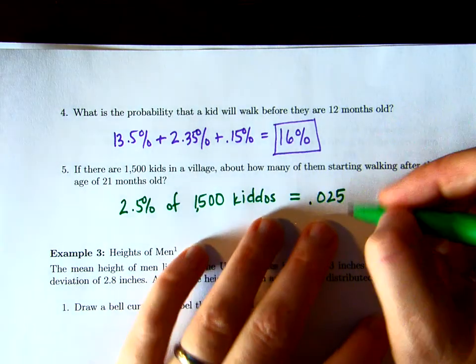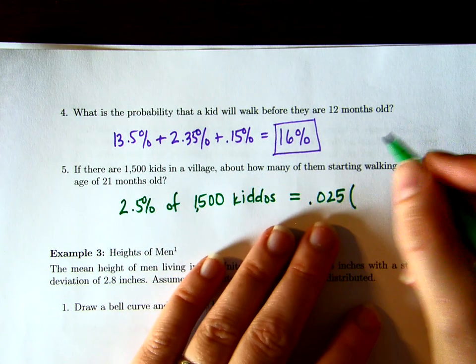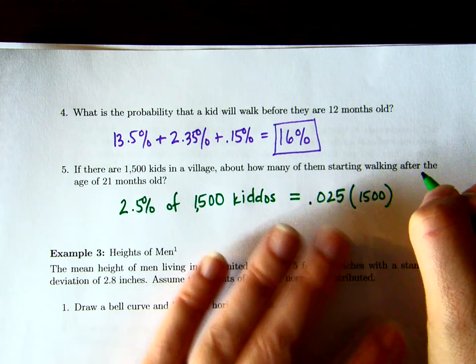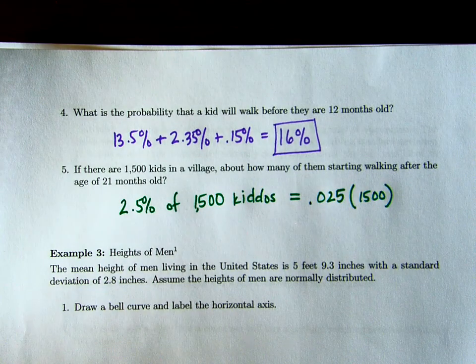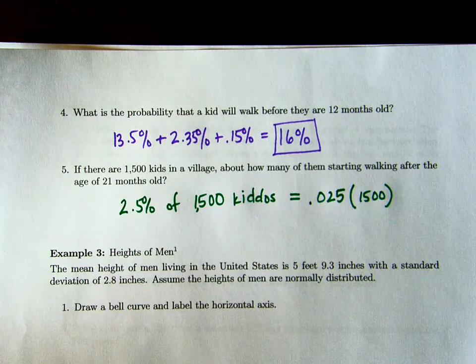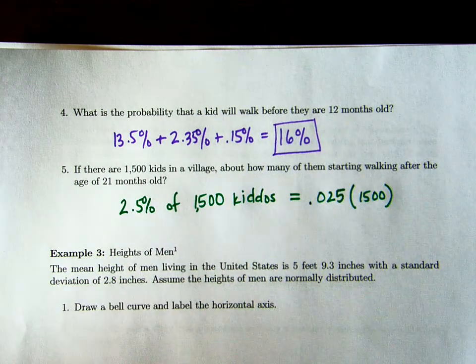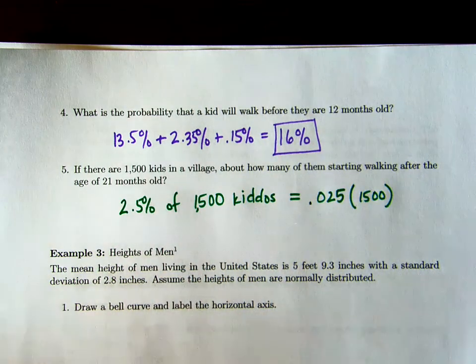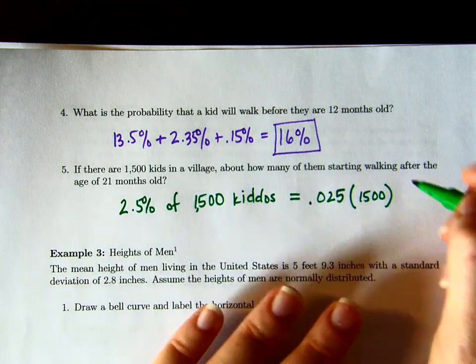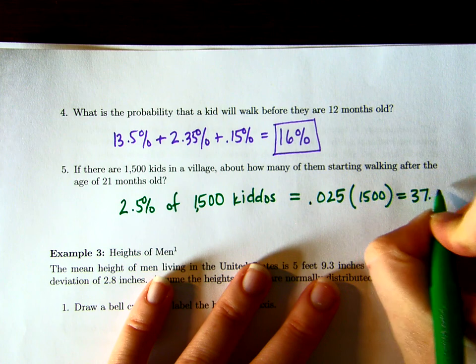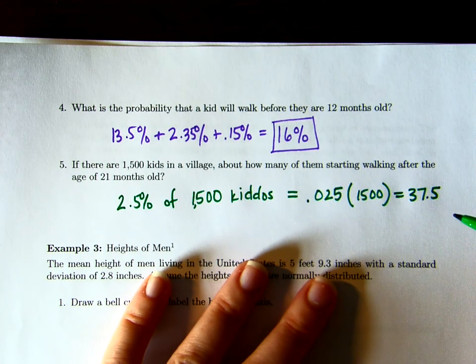Okay, back at it. 2.5 hundredths of 1500. Handy calculator. Oopsie. I definitely put it in wrong. That's all right. Okay, so I'm going to write this down, which feels awkward. So how many kids? About 37 and a half kids start walking after 21 months old.